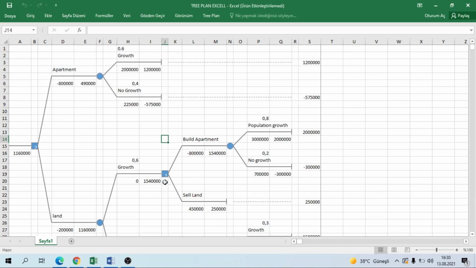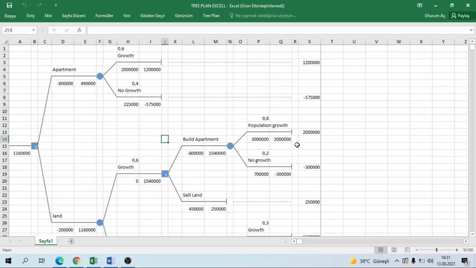The returns are calculated at each probability node, and all of the results are here, as you see. These values are now shown as the expected return from each of the 3 branches. All of the nodes are resulted in here.